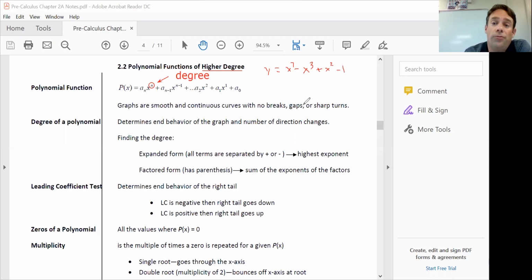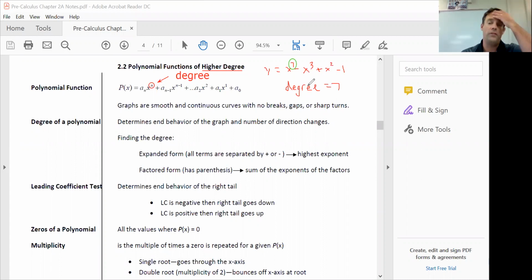It's in general form. So that means the degree then would be the largest exponent. In this case, the largest exponent would be a 7. So we'd say then that this has a degree of 7. So this is a 7th degree polynomial.